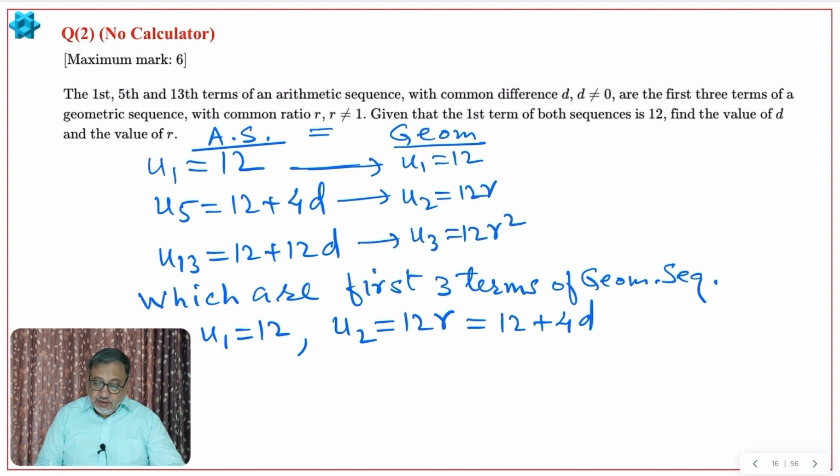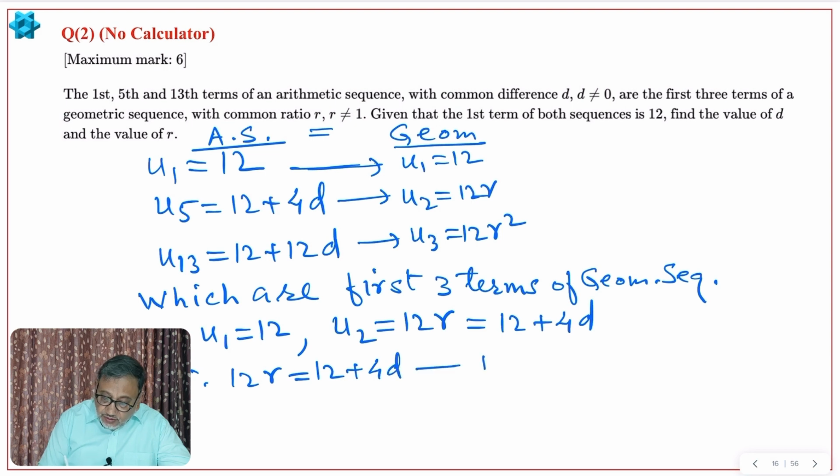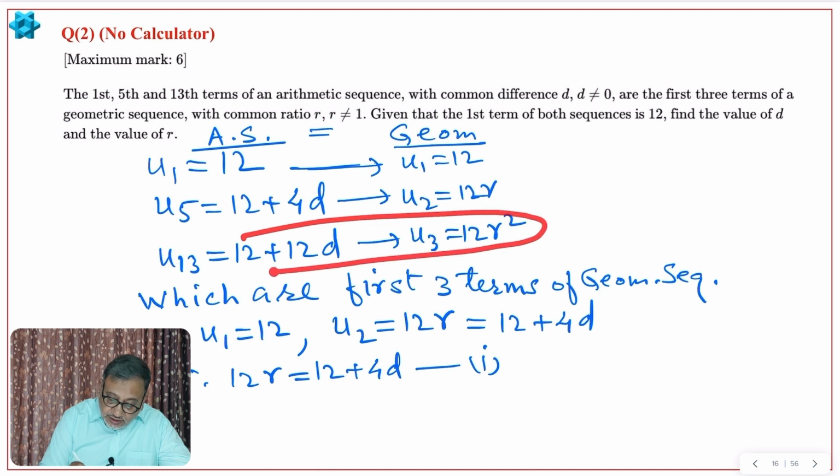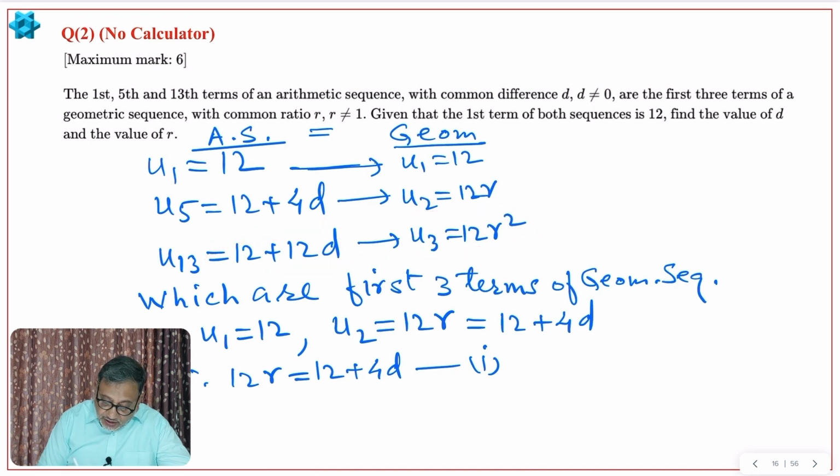So we have to equate them, right? So here I have equated it. So therefore 12r is equal to 12 plus 4d. This is my first equation, and these two will be equal to each other. So 12r square is equal to 12 plus 12d, second equation.